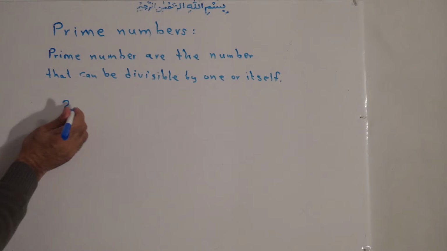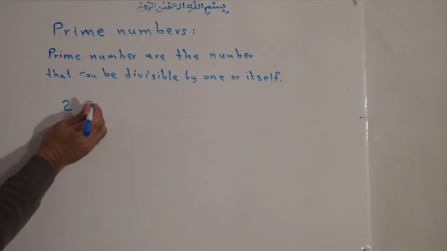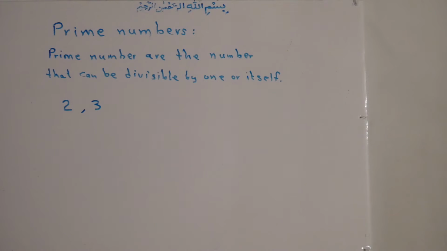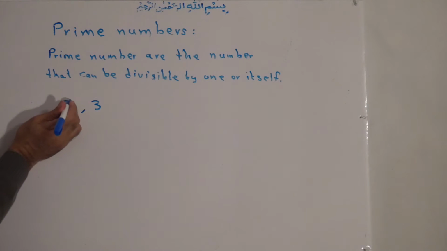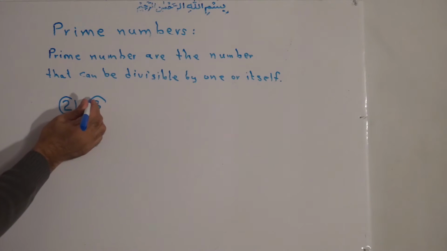Now 3. 3 is also a prime number because 3 is divisible only by 3 and 1. 2 is a prime number, 3 is a prime number.